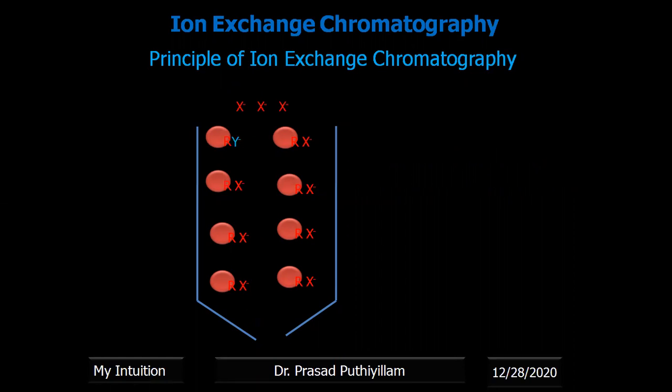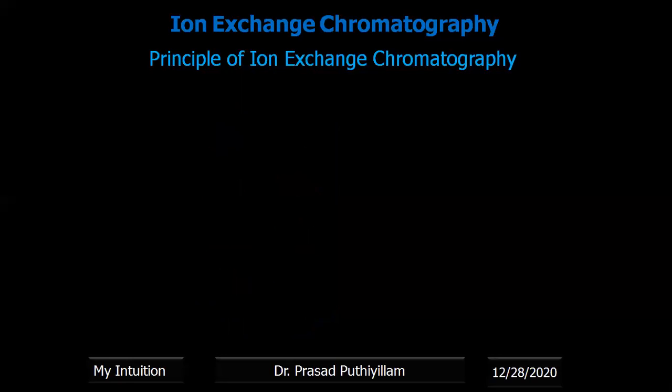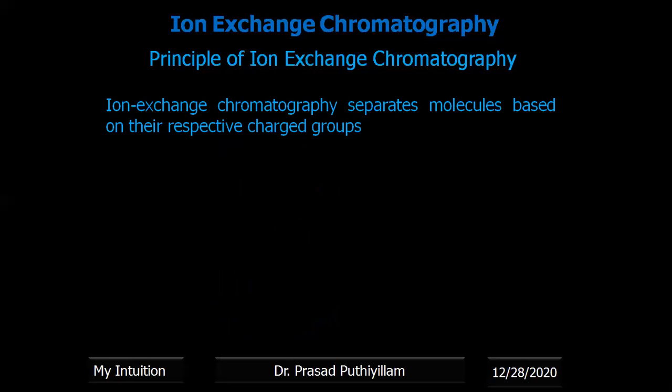Then to get that Y minus ion, we have to further add a solvent containing that X minus, and then the Y minus also will be replaced. So this is the basic schematic representing how ion exchange resins work. It works for cation exchange resin as well as anion exchange resin.